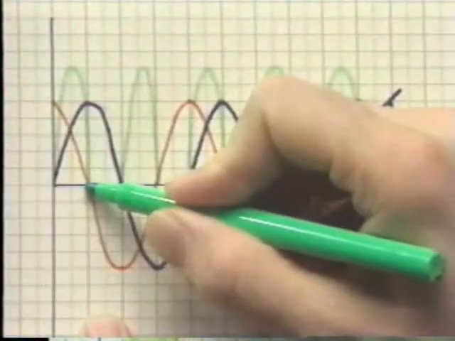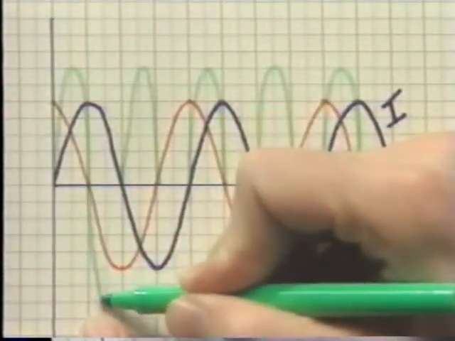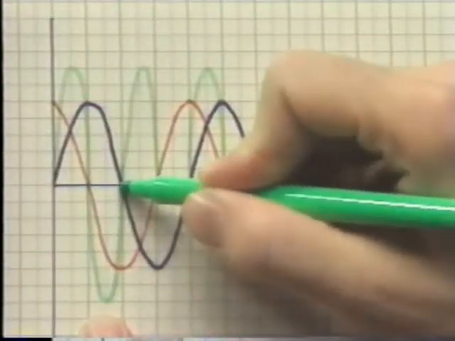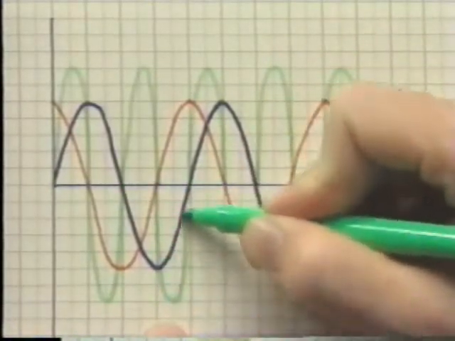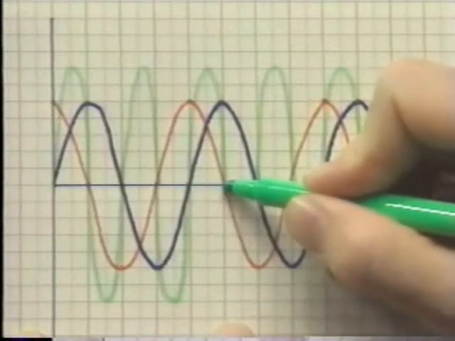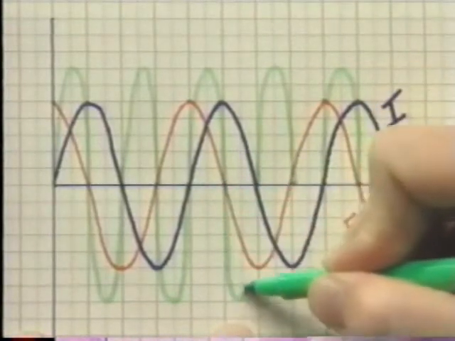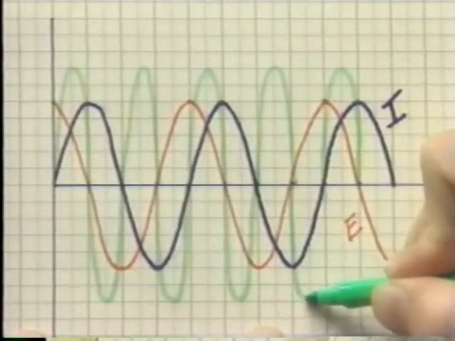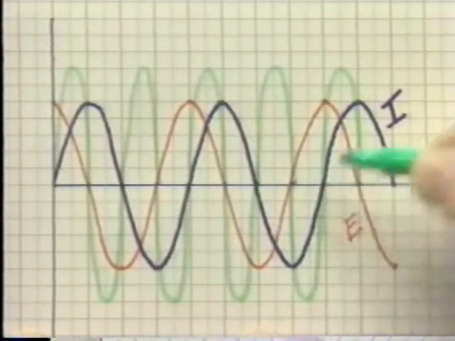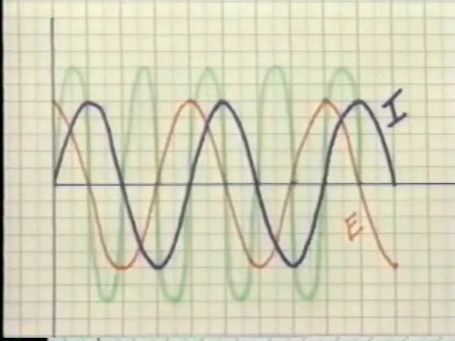However, it's important to realize that multiplying two quantities with unlike signs produces a negative quantity. When a negative current is multiplied by a positive voltage, a negative power curve results. Similarly, when a negative voltage is multiplied by a positive current, you still get a negative power curve. A negative power curve means that power is being returned to the source by the load, rather than being used by the load.